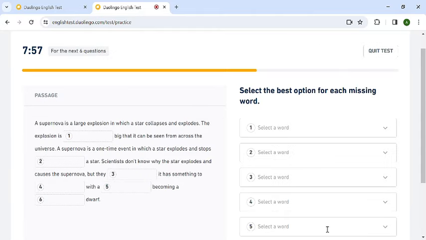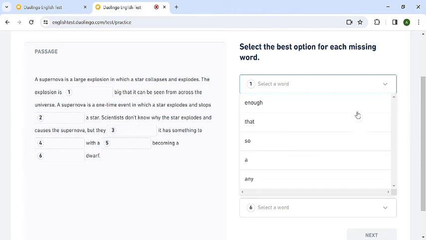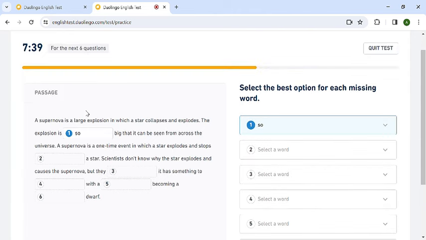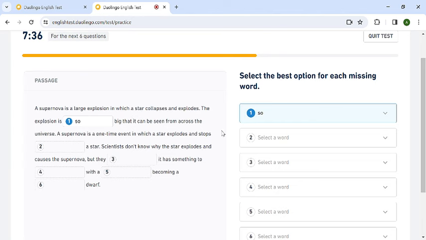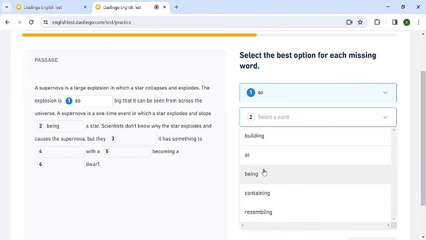A supernova is a large explosion in which a star collapses and explodes. The explosion is so big that it can be seen from across the universe. A supernova is a one-time event in which a star explodes and stops being a star.